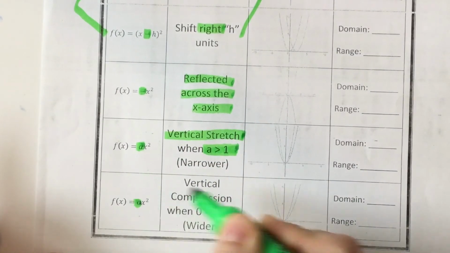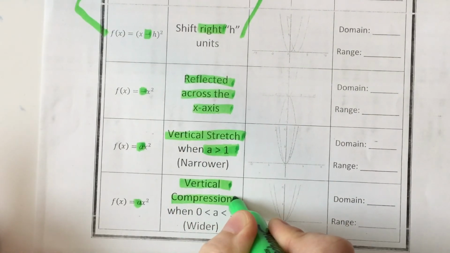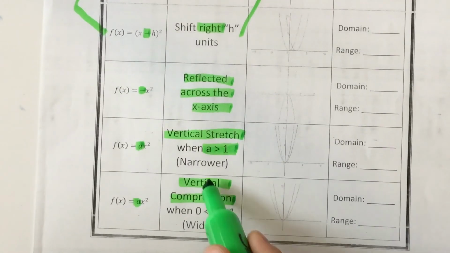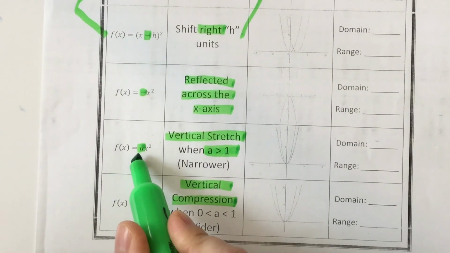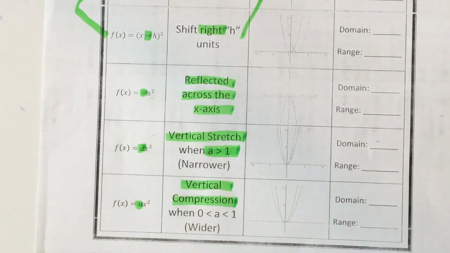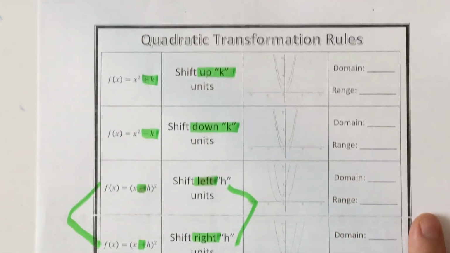And the number in front, as it gets smaller and smaller, it vertically compresses. So the smaller and smaller the number, the wider the graph or more vertically compressed. The bigger the number in front, the skinnier the graph or the more vertically stretched. So these are all the rules that we just discovered with the graphing calculator.